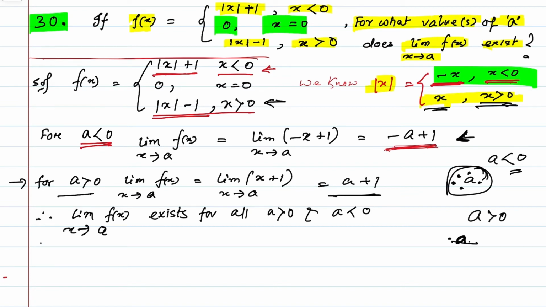Now for a equal to 0, what will happen? Let us find the left hand limit and right hand limit, because on the left hand side of 0 the value is this one, and on the right hand side it is this one.